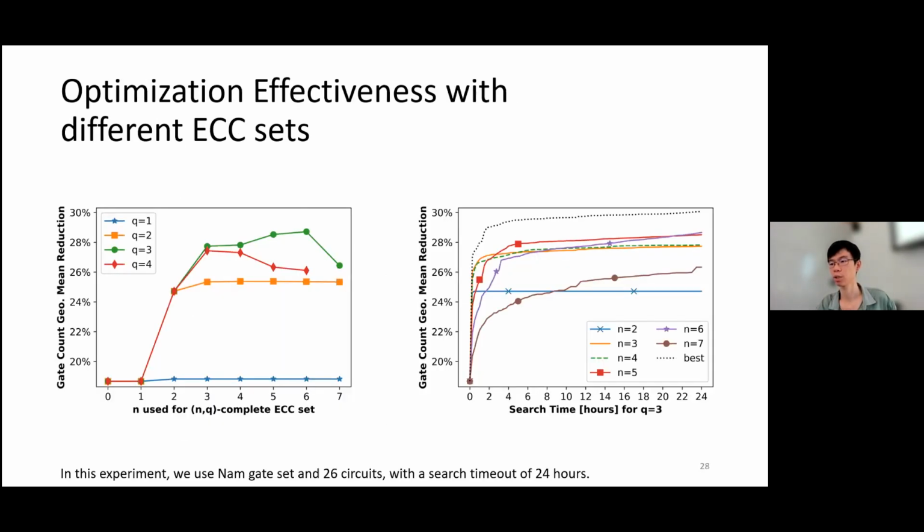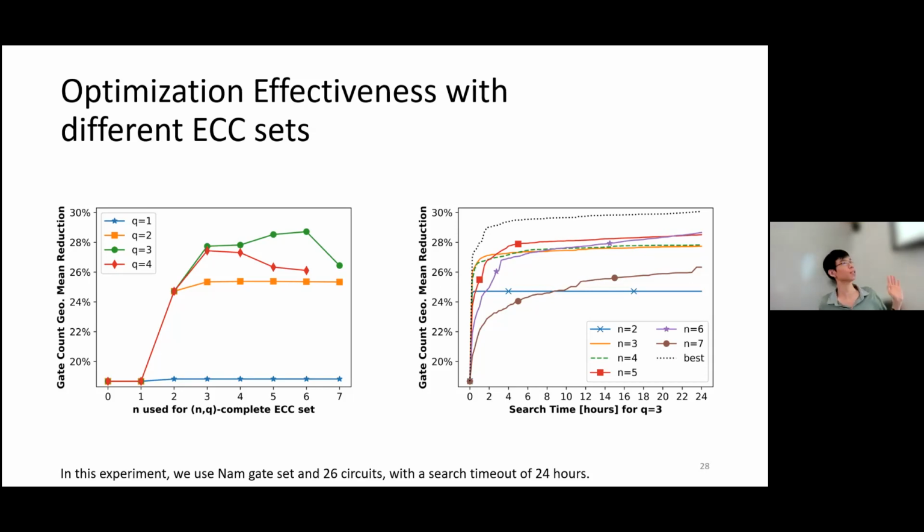We also did some experiments. For the Nam gate set, we tried different n and q. In the figure on the left, we tried n up to 7 and q up to 4, and we use a search timeout of 24 hours. We can see that when q equals 1, it does almost nothing. When q equals 2, it does something, and increasing n gives no more improvement.